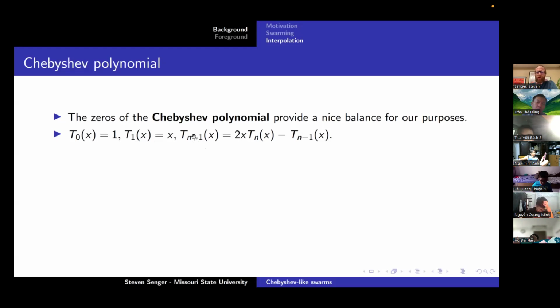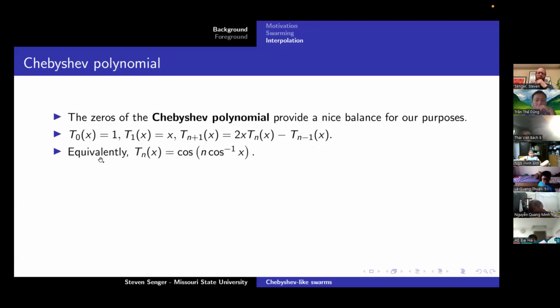So the Chebyshev polynomial numbered n plus 1 is equal to 2x times the nth one minus the n minus 1th one. So like the Chebyshev polynomial T sub 2 of x is going to be 2x times T sub 1, so that'd be 2x squared, minus the one before that, so 2x squared minus 1.